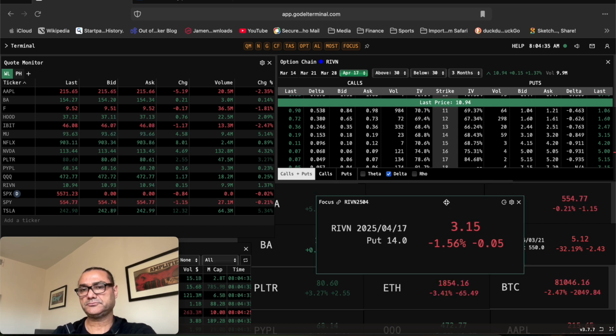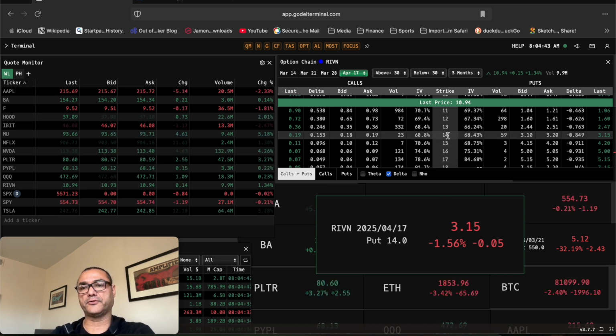When I was interested in this, the other side of the ledger, the 14 call, same expiration, April 17th, was roughly 23 cents. So there was a little less than a quarter in time value for this 14 put.